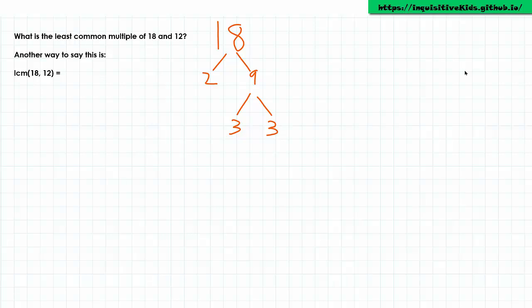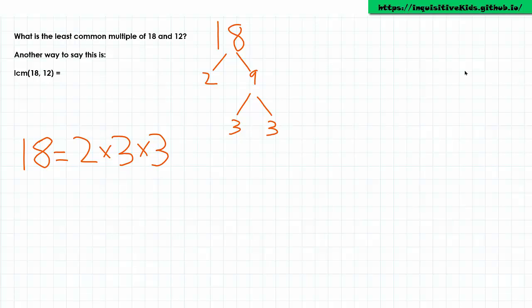We can write 18 equal to 2 times 3 times 3.